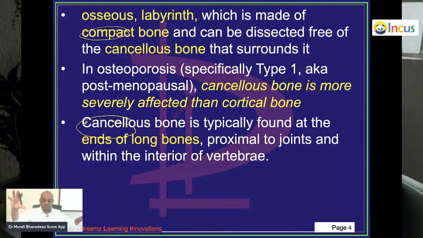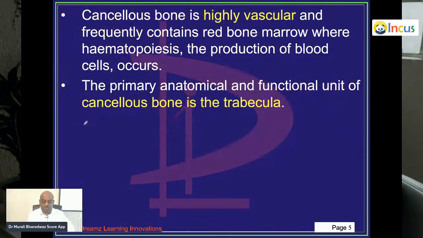You have to be very sure. And whenever there is osteoporosis, above the age of 45, it typically involves the cancellous bone more than the cortical bone, is what you need to remember.